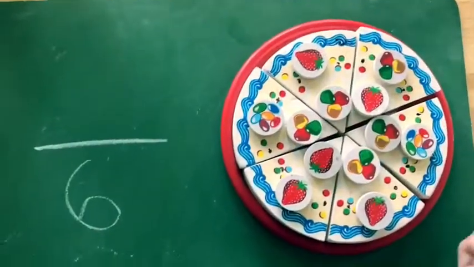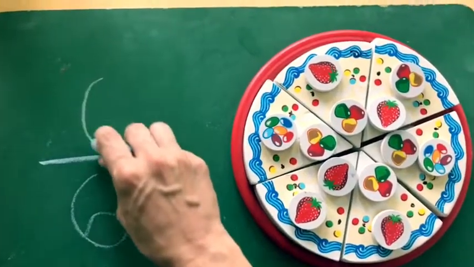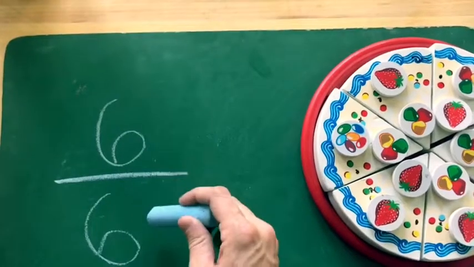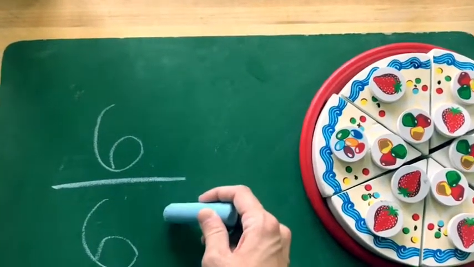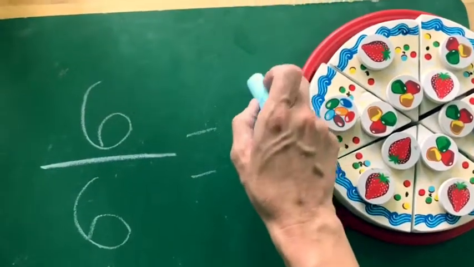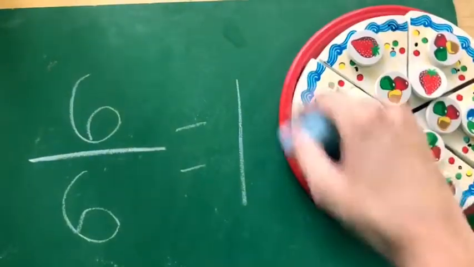If we had all of our pieces, that would mean we had 6 pieces. That would be our top number as well, which, if both our numerator and denominator are the same, then that would equal 1 whole, because that's 1 whole cake.